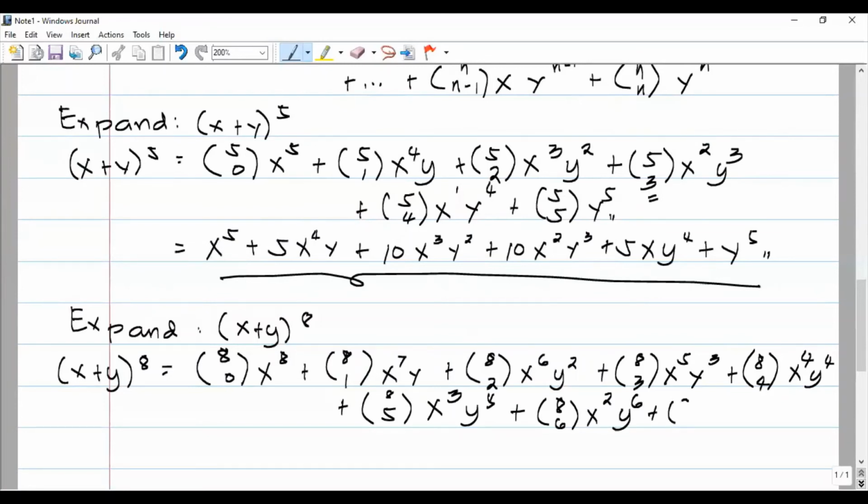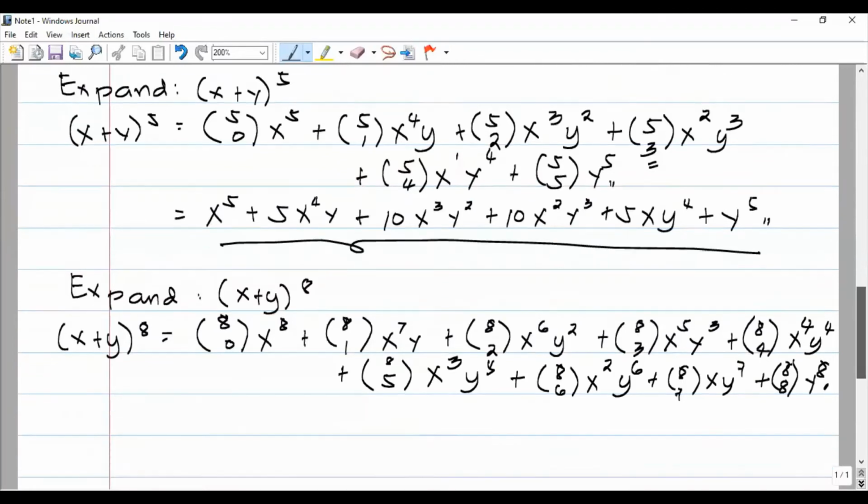Plus the combination of 8 taken 7 at a time, times x raised to 1, y to the 7, plus the combination of 8 taken 8 at a time, times x raised to 8 minus 8 is 0, and x raised to 0 is 1, times y raised to 8.